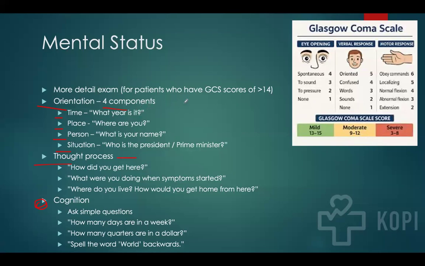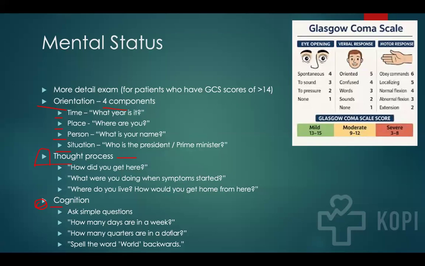Usually, orientation kind of assumes that they have some type of intact mental status that they can answer all four of these questions coherently. Thought process can be a little bit more difficult, and usually a patient with a neurological complaint, whether it be weakness, whether it be motor sensory discoordination, anything, will have maybe some deficit to the thought process. So usually this isn't tested in the emergency department.